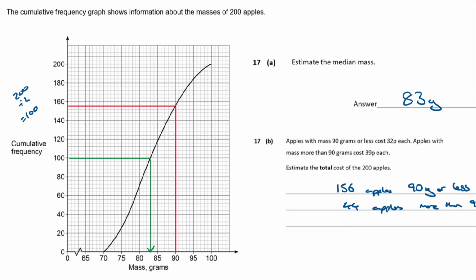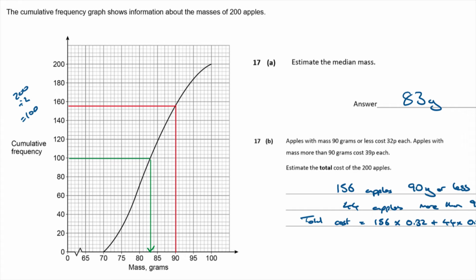Okay, so then the total cost is going to be my 156 apples at 32 pence. They were the cheaper ones, weren't they? Plus my 44 apples at 39 pence. Okay, I think that's gone a little bit off the screen.